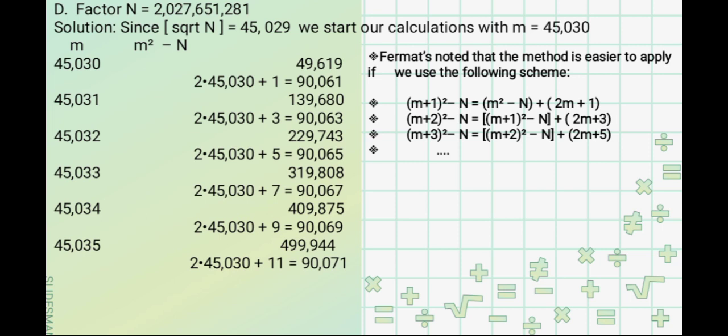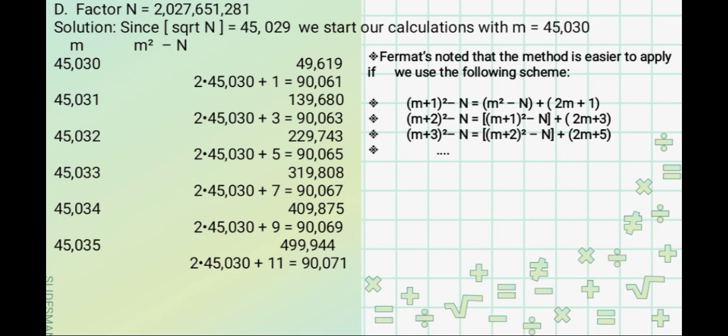Notice the 2 is constant in this scheme, and what changes is the 1, then 3, 5, and so on. Let's substitute. Our first m here is 45,030, so 2 times 45,030 plus 1 is equal to 90,061.